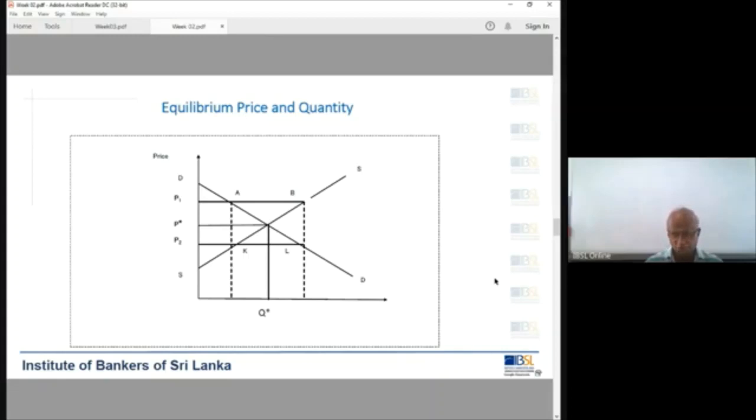Let's assume that is the equilibrium price announced by the central bank. But in the market, what will happen? The rupee-dollar rate is 230, higher than that. So the equilibrium price is very difficult to determine directly in the case of the foreign exchange market.